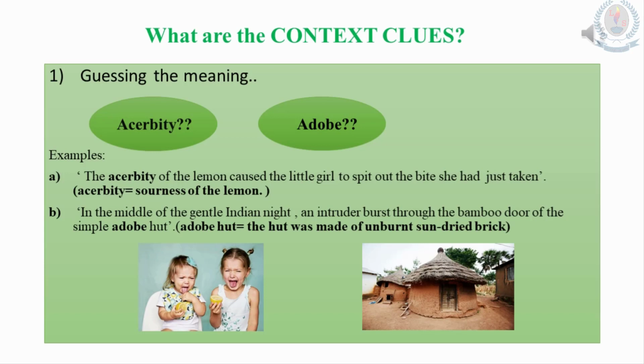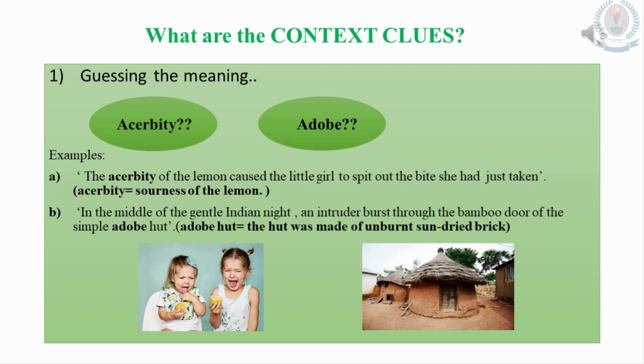So when you are reading the sentence, only one word is unfamiliar for you, the other words are familiar. The acerbity of the lemon caused the little girl to spit out the bite. So the girl spit out the bite she had just taken. You can guess why she has done that. Because when you imagine a lemon, you can feel the sourness of the lemon.